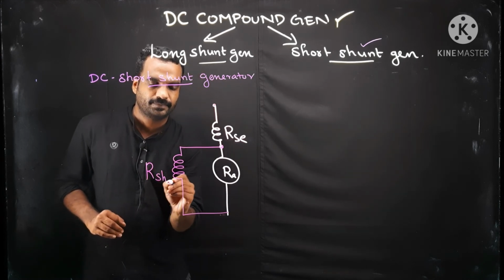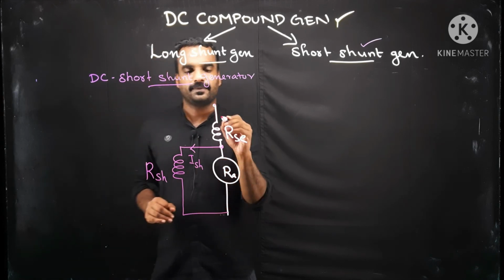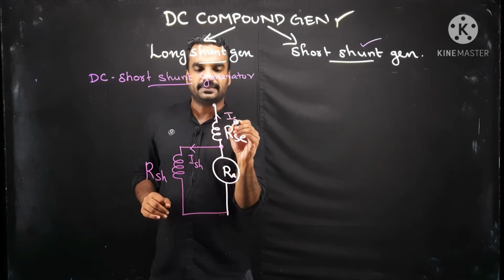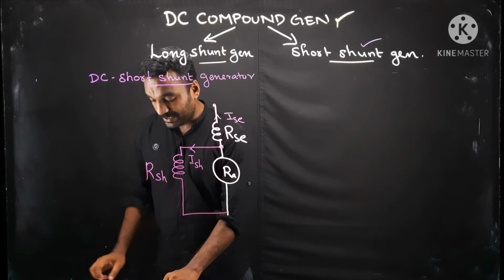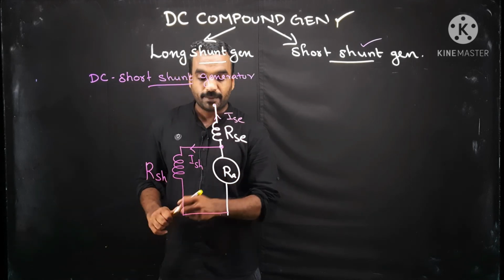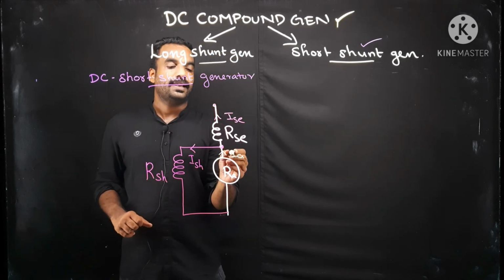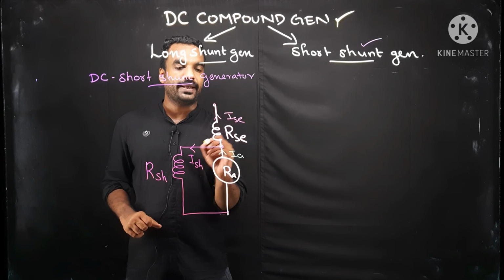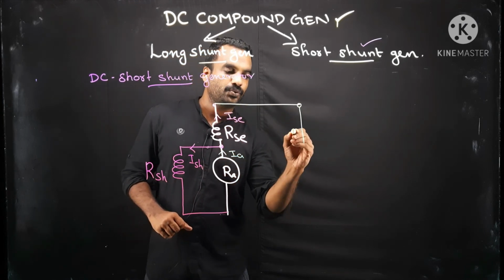RSH, ISH shunt current, ISC series field winding current. But you should be very careful while marking IA. IA is here, and this IA is splitting into ISH and ISC. Now you can connect the generator to load.